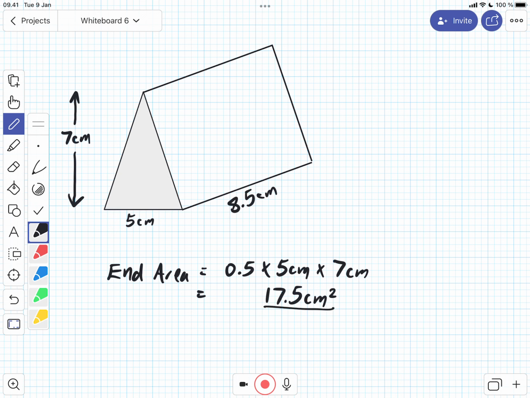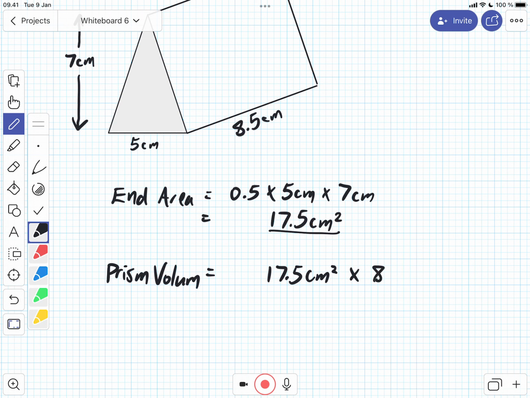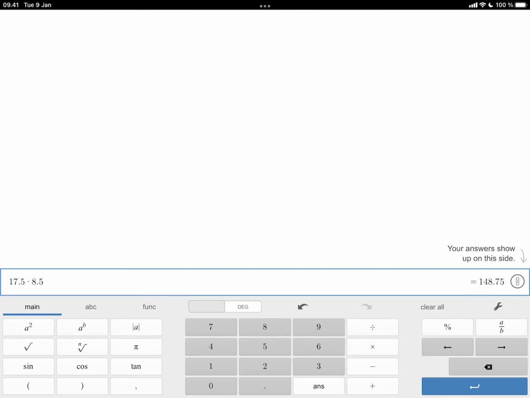And then the volume of the prism is just that end area times the length of the prism. So I'm going to write prism volume equals 17.5 centimeters squared. Note how I've lined that up with where I wrote it before, times 8.5 centimeters, which is going to be, I'm just going to get on the Desmos calculator for that, and that comes to 148.75.